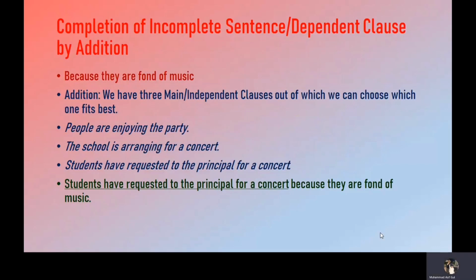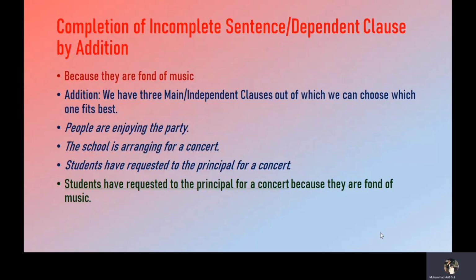Here I have given three choices to you. You may pick any of these three main clauses, these complete sentences, to complete this incomplete sentence because they're fond of music. We can say that people are enjoying the party because they are fond of music.